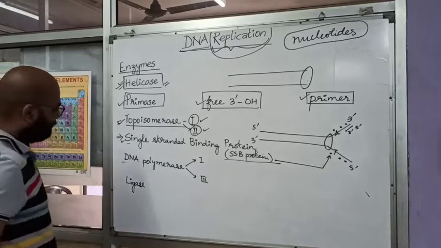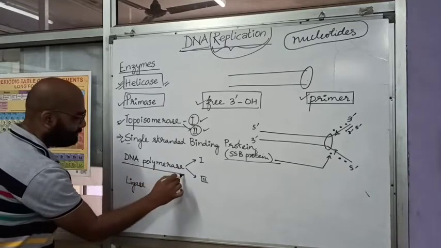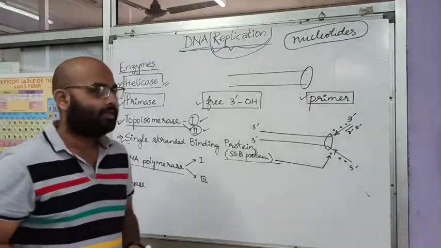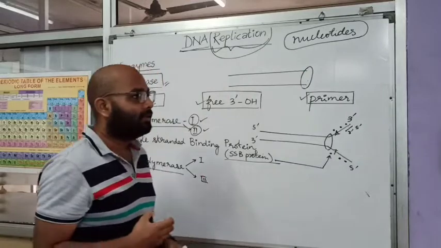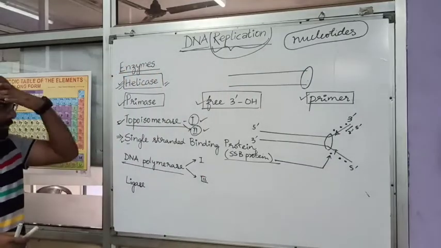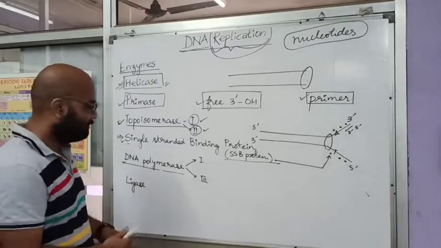The next thing is my DNA polymerase enzyme. This is the most important thing you can imagine. It's the basic machinery. Polymerase comes from the term polymer. What is a polymer?